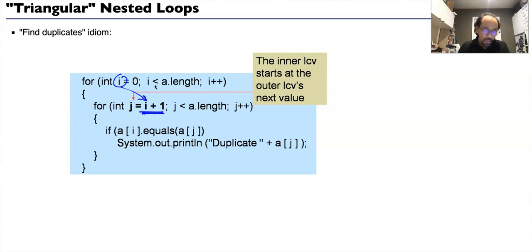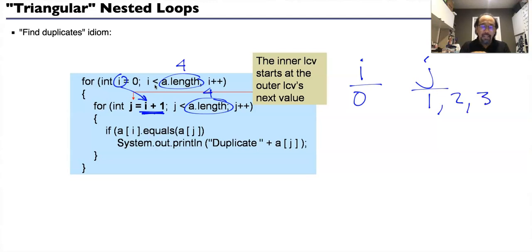Let's suppose the length happens to be 4, just to make it somewhat easy and small. So i is going to start out at a value of 0. j is going to be i plus 1, so it's going to start off as 1, increment to 2, and then to 3, and it's going to stop at 4, because at that point it's going to break out of this loop.